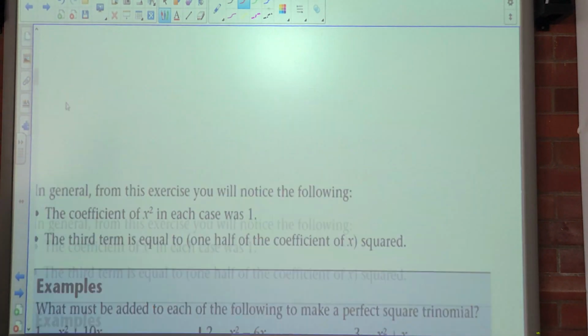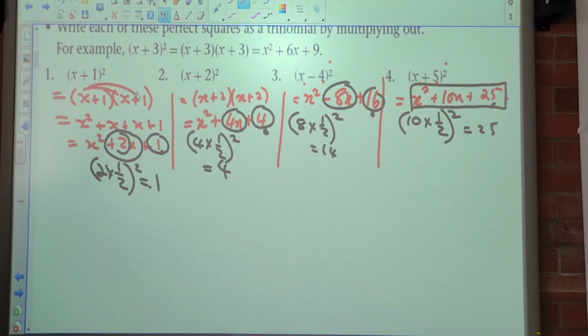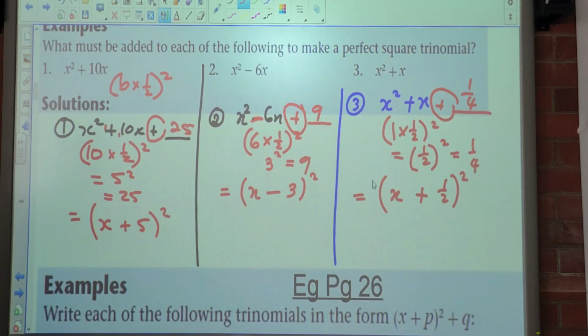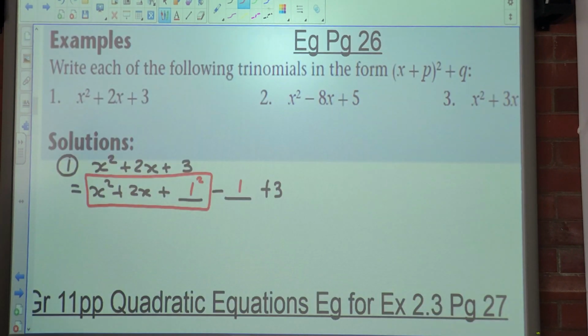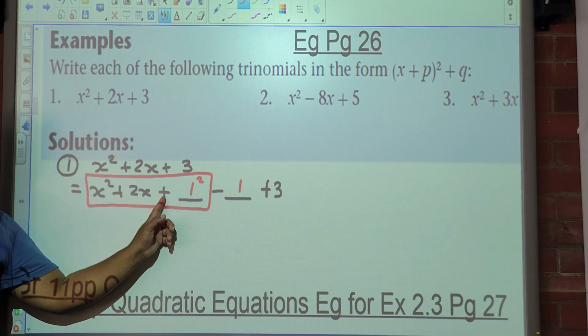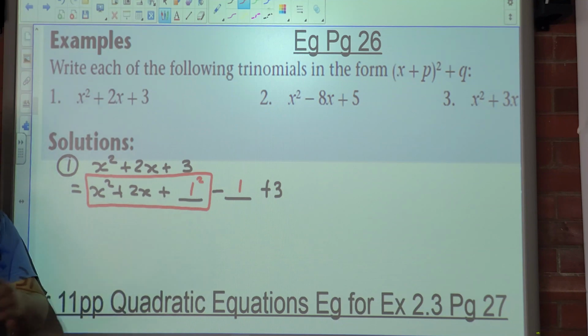When you go back to this exercise here as well, what do you notice? The last term is always positive, because positive squared is positive and negative squared is also positive. That is why the third term in the trinomial will always be positive. Okay, you guys understand it?